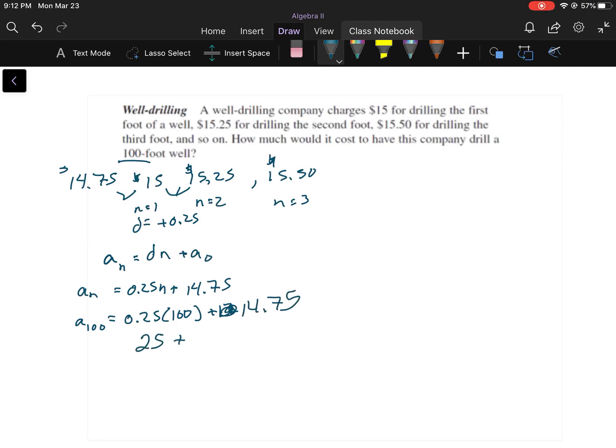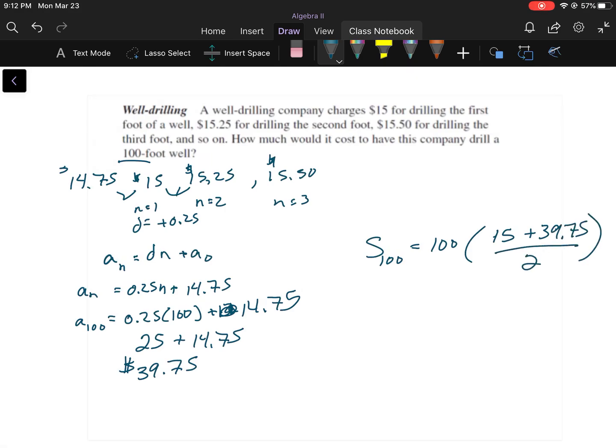That's 25 plus 14.75. That's going to give us 39.75. So the sum of the first 100. Yeah, always the first number. So the first number here was 15 plus 39.75, all over 2.